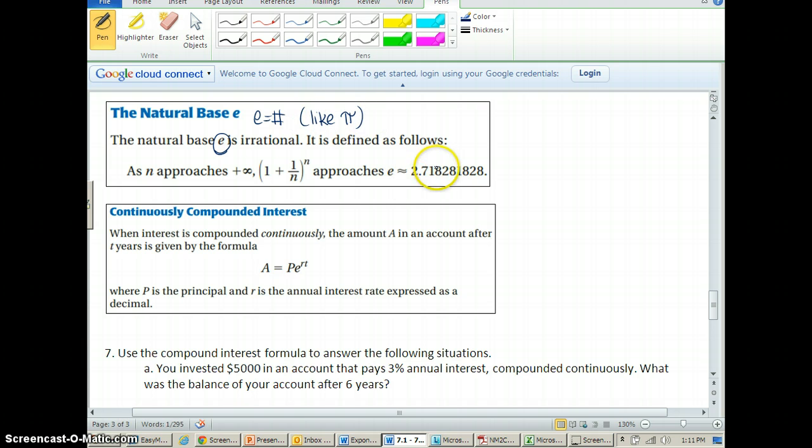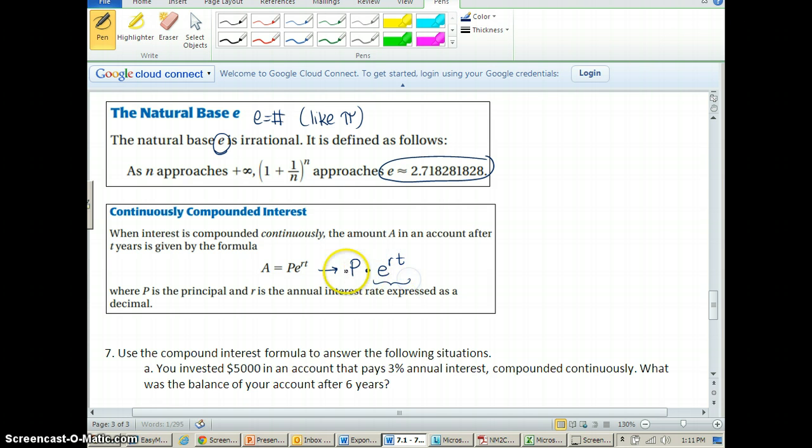Okay? E stands for this number right here. Now, just like with pi, there's an E button on your calculator, and it's much better to use the E button to evaluate this. And remember, if I split this apart, this would be P times E to the RT power.